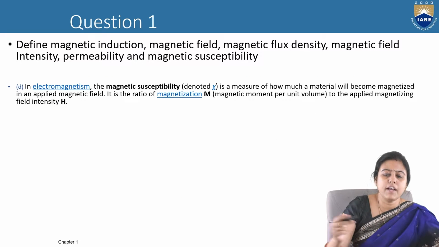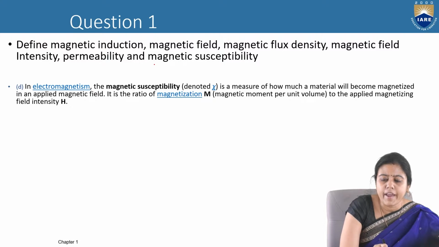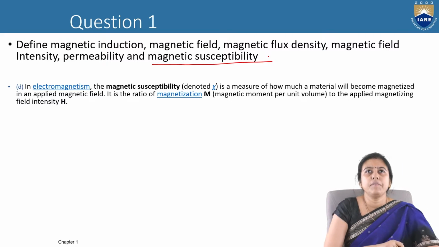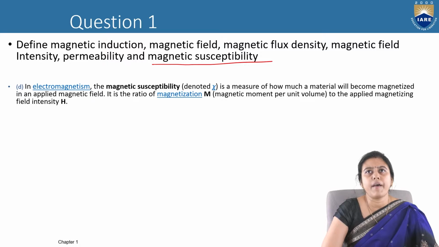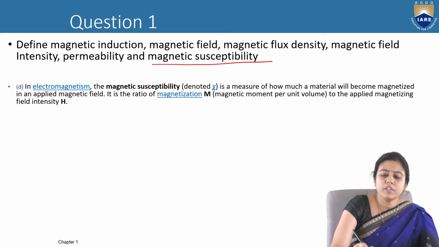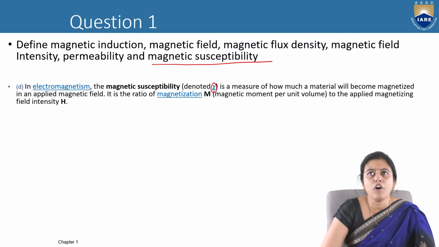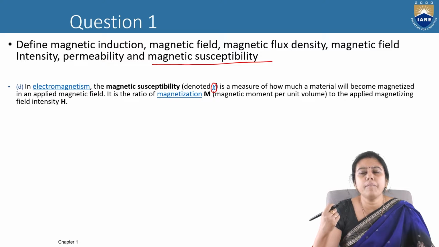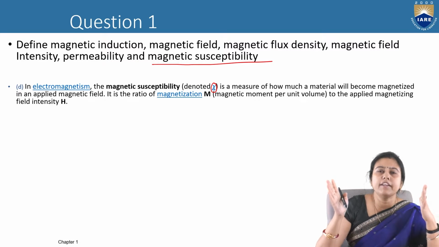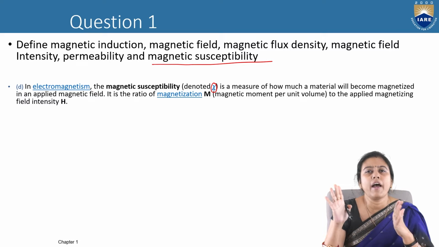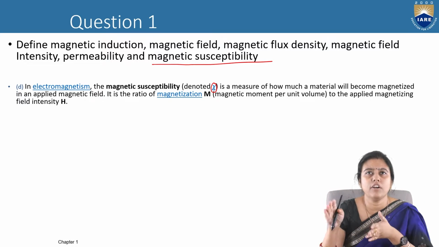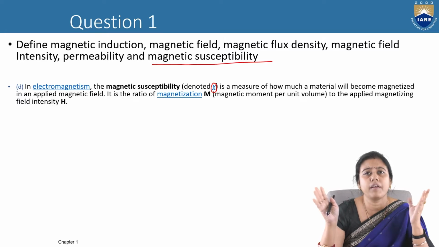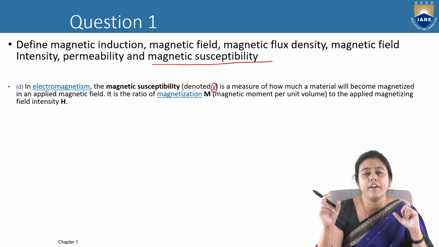The last question is the magnetic susceptibility. In electromagnetism, the magnetic susceptibility, which we generally write by chi, is the measure of how much a material will be magnetized if we apply a magnetic field. See, we have a magnetic core made of iron or silicon steel or CRGO, different types of iron material.